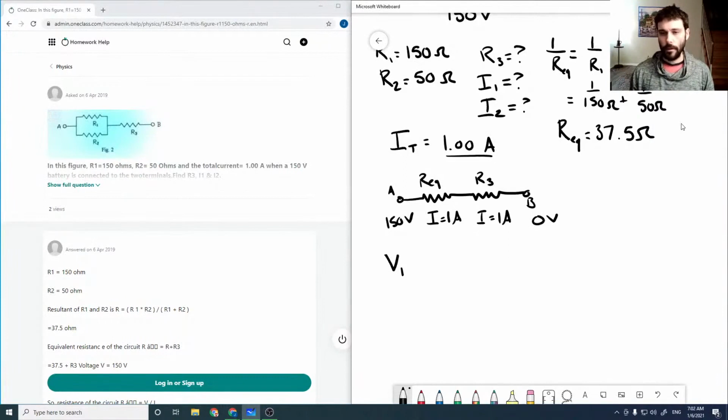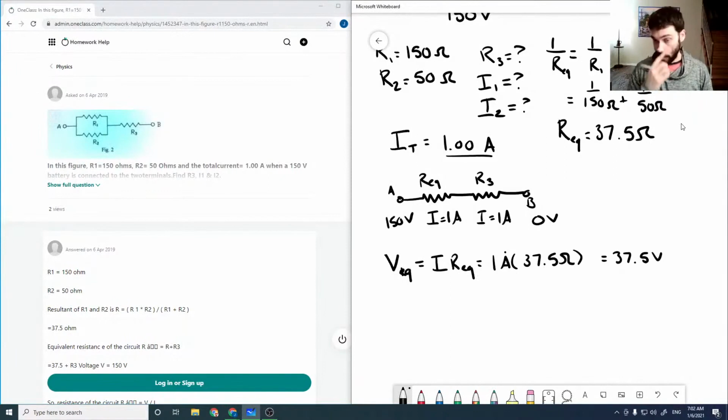So our voltage drop across the equivalent resistance is given by Ohm's law as I R equivalent, which is just 1 amp times 37.5 ohms, which is 37.5 volts.